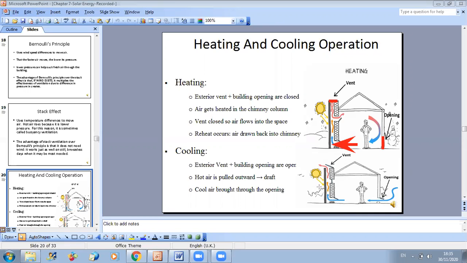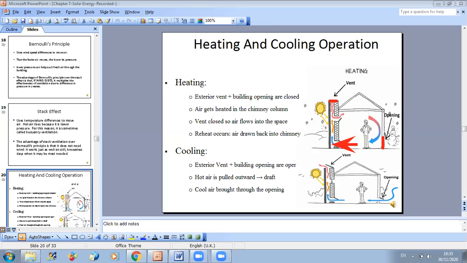Because this will create fresh air currents, and fresh air currents in your room will lower the temperature in your space and make you comfortable, because fresh air is continuously entering your space. So in cooling application, the external vent and building opening are opened, and hot air is pulled outward.